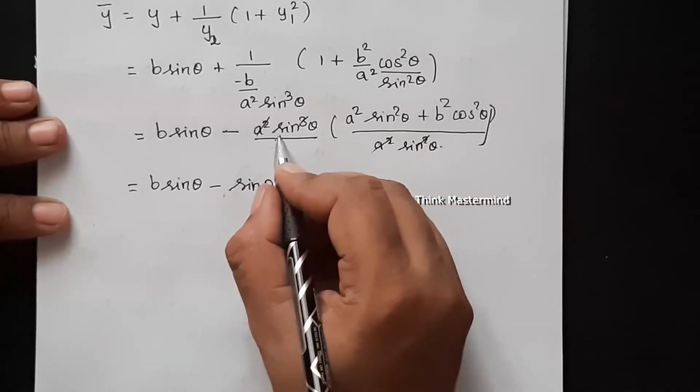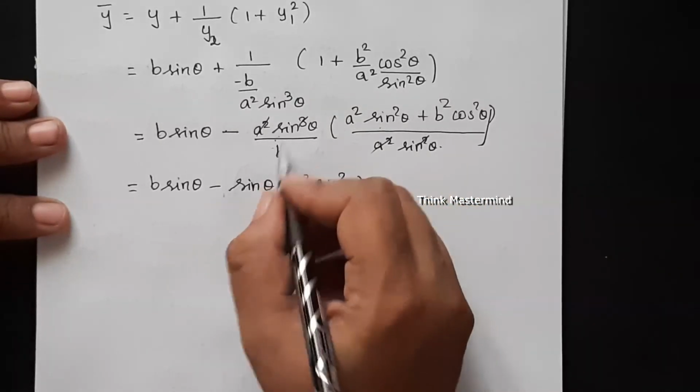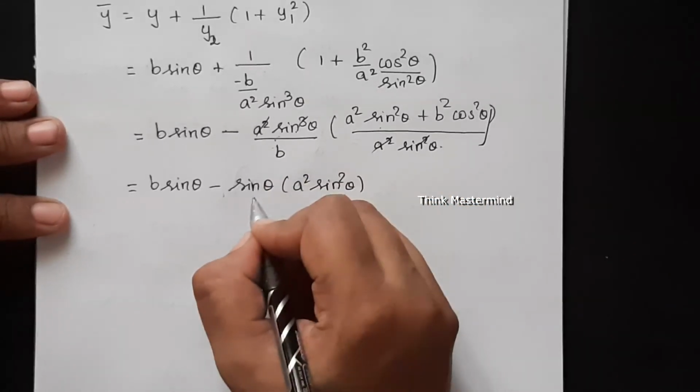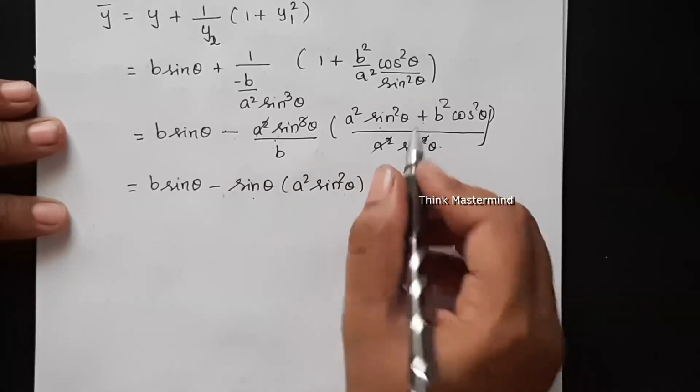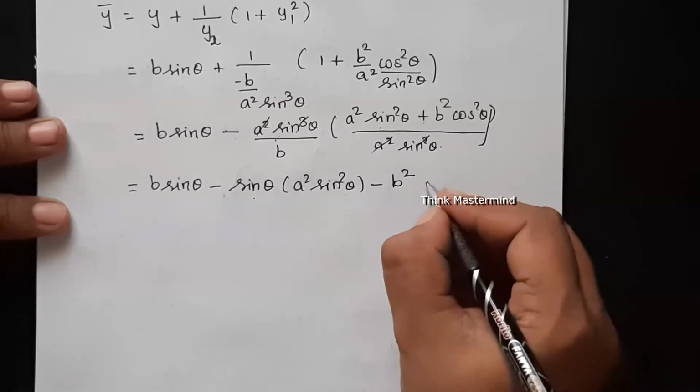So I am multiplying the remaining sin theta inside the bracket.